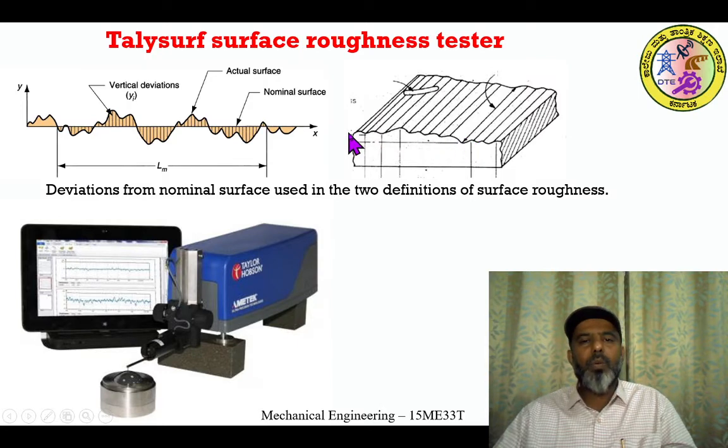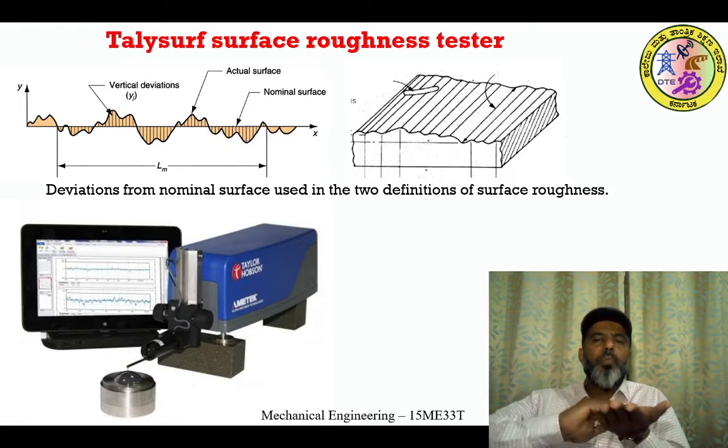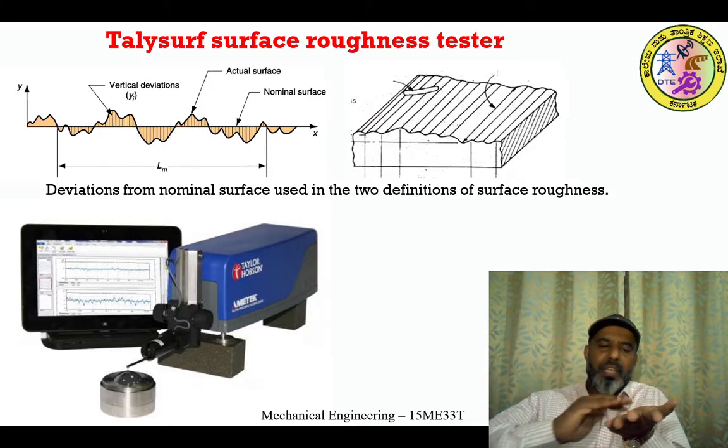And we select a reference surface for this. This reference surface is called the nominal surface. And when you move your hand on the surface, that surface is called the actual surface.